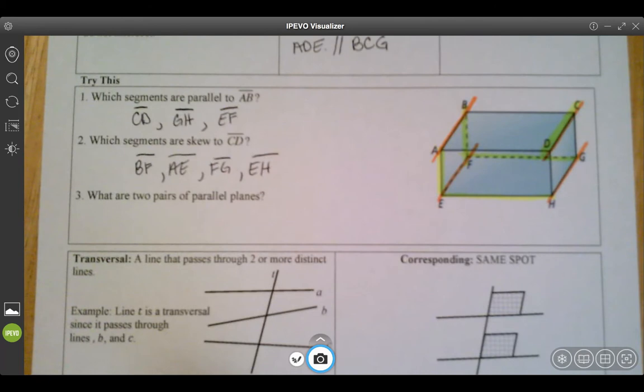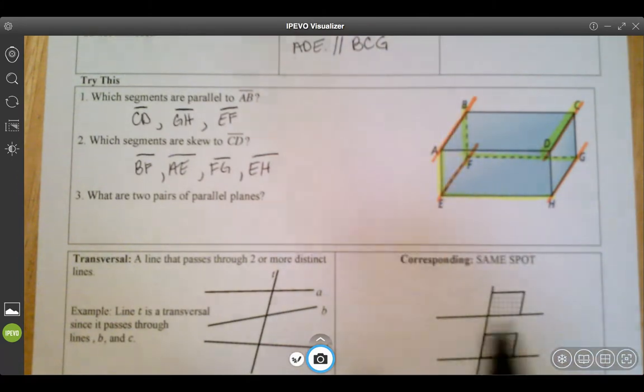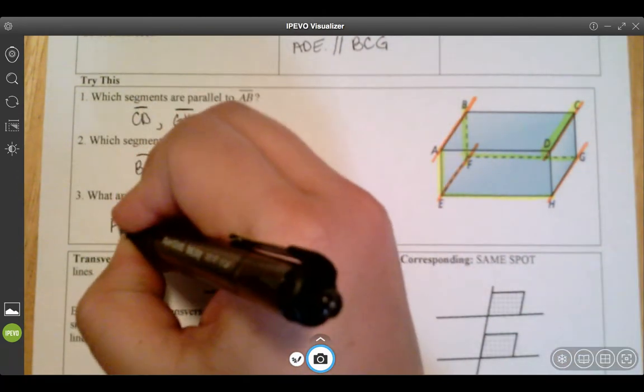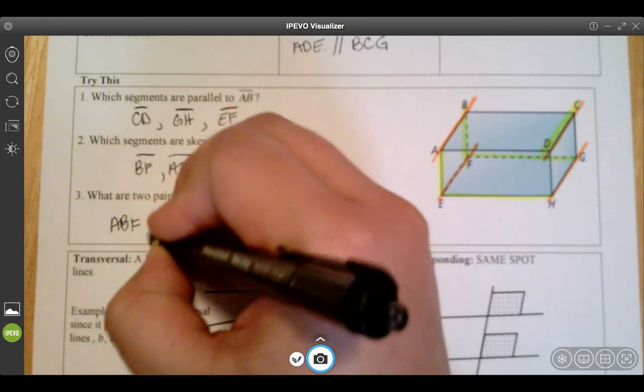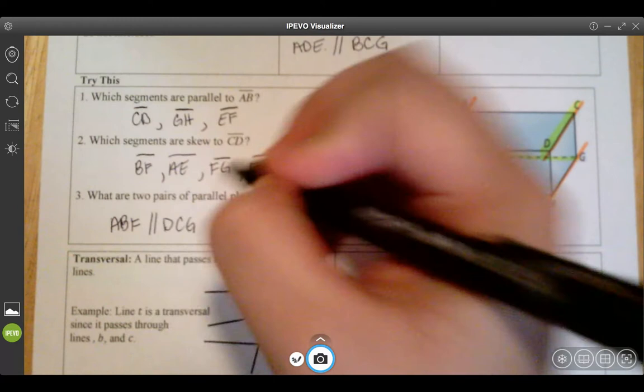Okay. And then we want to list the pairs of parallel planes. And here it says 2, but there are actually 3. So I'm going to go ahead and list all 3. So we're going to look at the left side is parallel to the right side. So we have plane ABF is parallel to plane DCG.